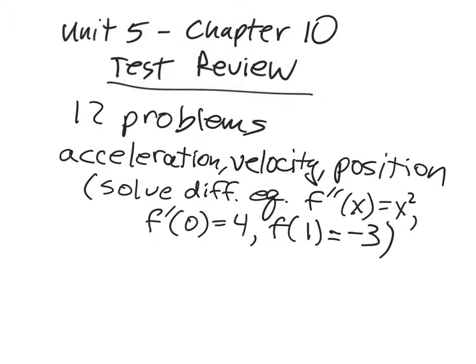Then solving the differential equation, you're really going through the procedure that you do with the given acceleration, find your position function, integrate a couple times, and then these function values, derivative values, will give you the constants. You'll be able to find the exact constants. So that's one basic type of problem.